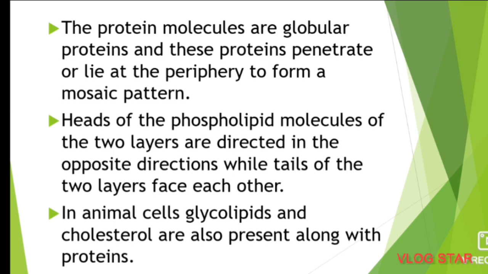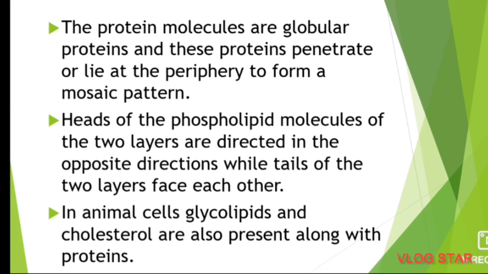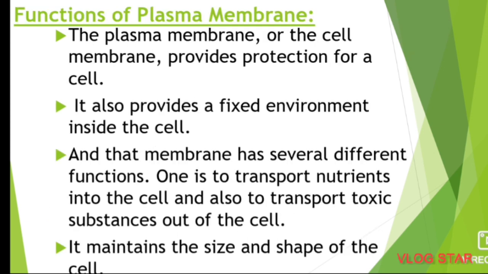In animal cells, glycolipids and cholesterol are also present along with the proteins. So this was about the fluid mosaic model, which was proposed by the two scientists, Singer and Nicholson. This model states that the plasma membrane consists of a double layer of lipid molecules and globular proteins.